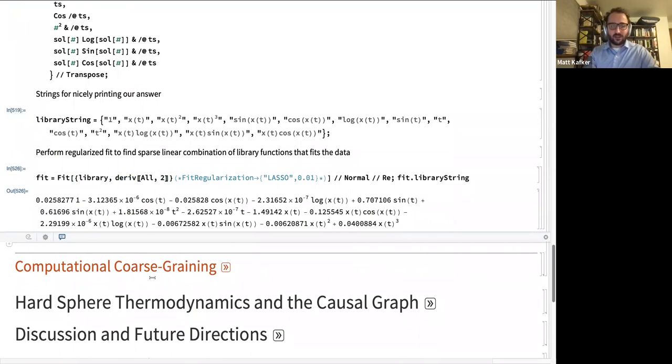But what it did was it found a non-zero coefficient for every single one of the terms of our library, because it basically just did a least squares regression. And the thing about least squares is there's no penalty for making non-zero coefficients for all the terms, even if some of them contribute less than others. So like this is 10 to the minus 8 on this term.